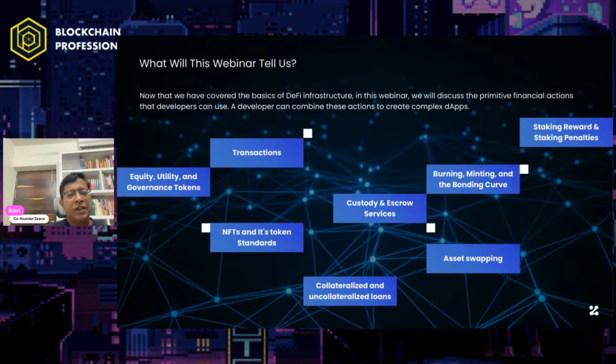We'll also talk about custody and escrow services, what kinds of escrow contracts there are, and then a bit about collateralized and flash loans, then the token supply mechanisms, like burning tokens, minting, or the bonding curve, and then token swaps, and then something about staking rewards and penalties.